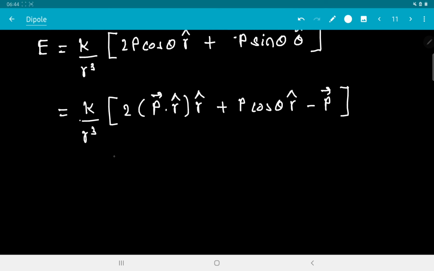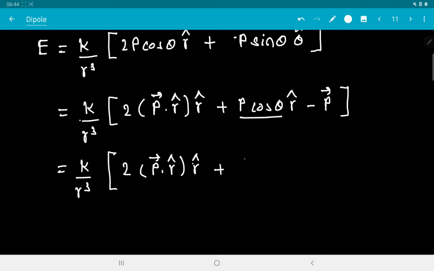Again we can write this, with the same k by r cube outside. This will be 2 p vector dot r cap vector into r cap, and p sin theta theta cap again we can replace by p dot r cap into r cap minus p vector.